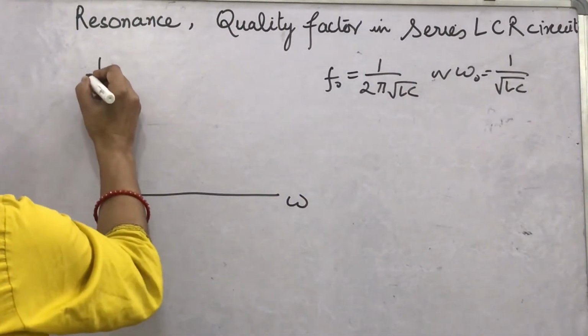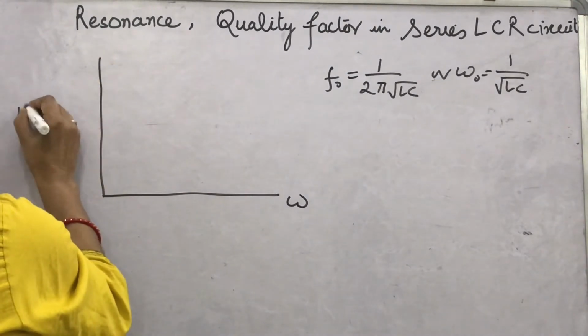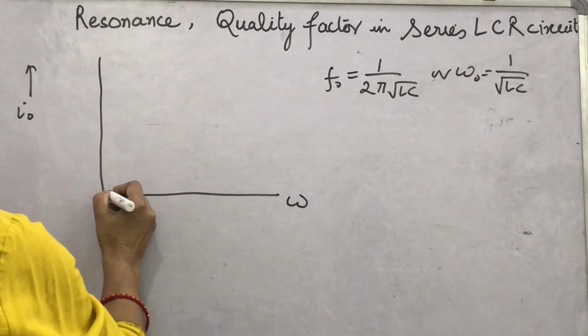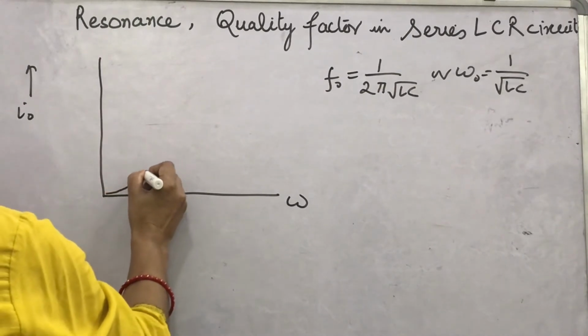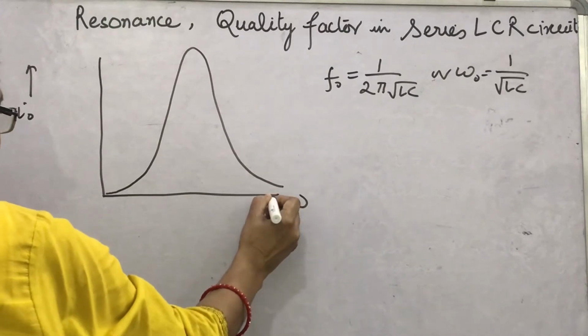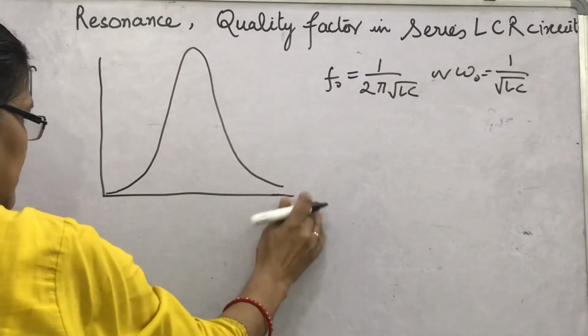So if this is the I naught maximum current, it has been observed that this is the curve for a series LCR circuit.